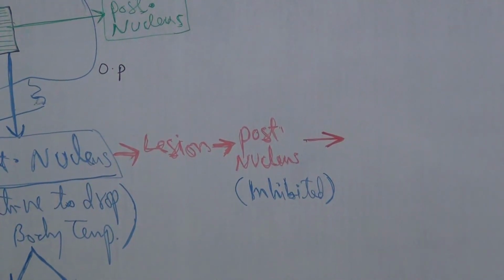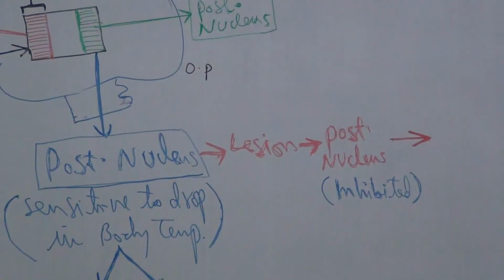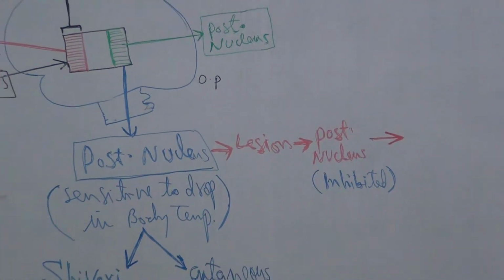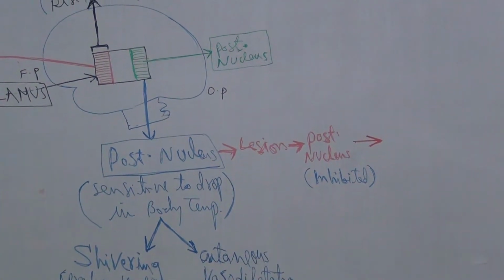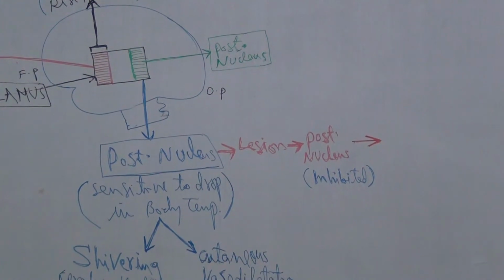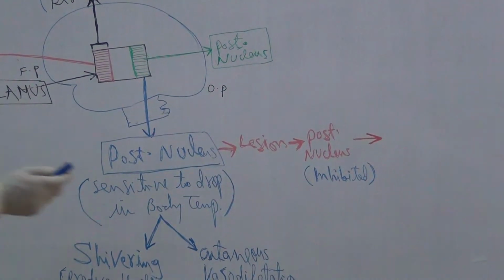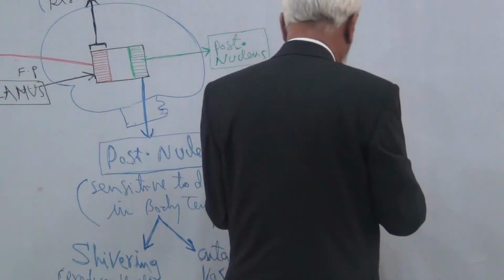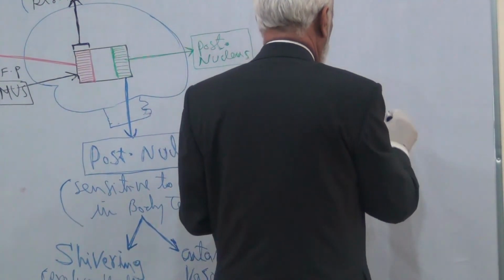Normally, the posterior nucleus raises body temperature. So when it is inhibited, it will result in lowering of the body temperature, that is hypothermia.